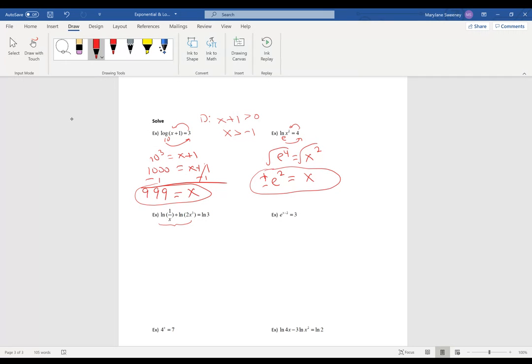So if I have the sum of 2 logs, to condense this to a single log, ln, and we multiply, right? 2x cubed times a 1 over x.